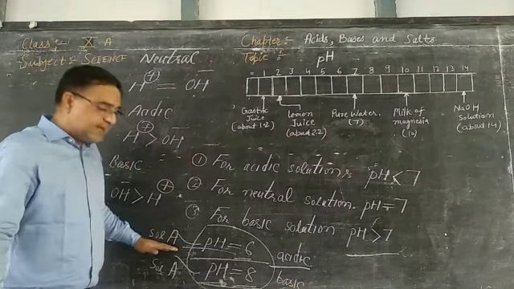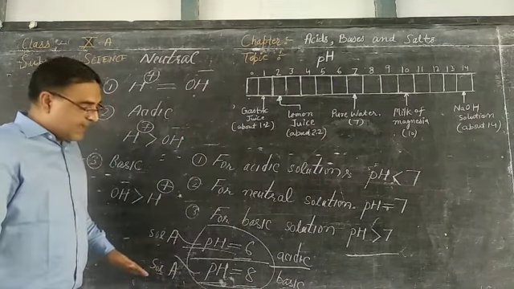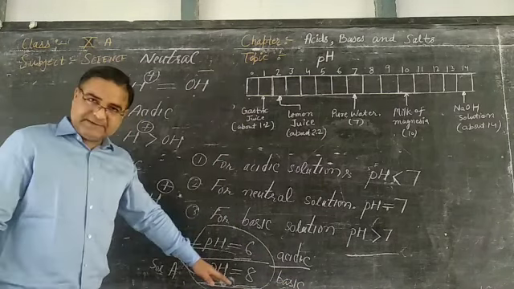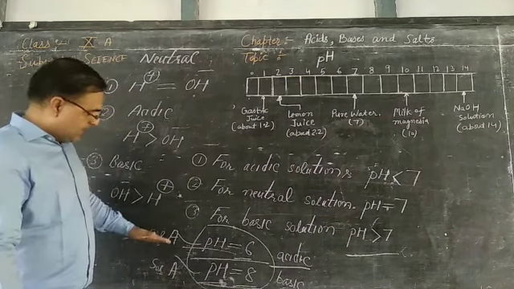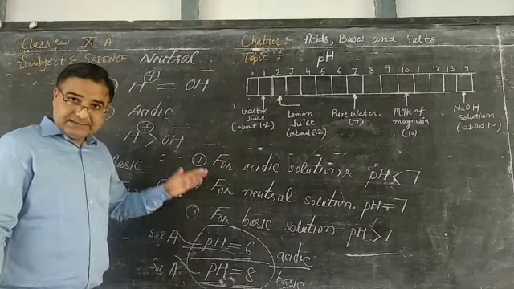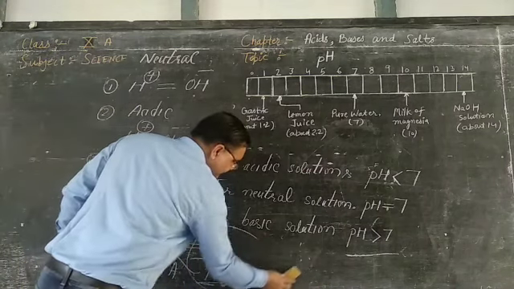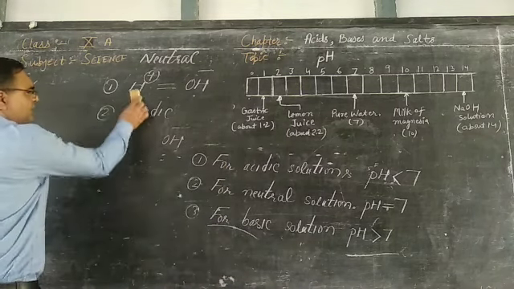So solution A has more H+ ion concentration, while solution B has more OH- ion concentration. So with the help of this pH scale, we can find out whether the solution is acidic, basic, or neutral.